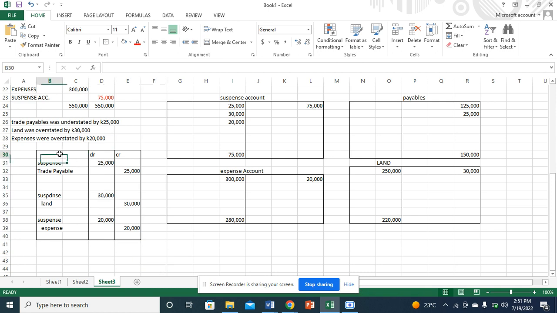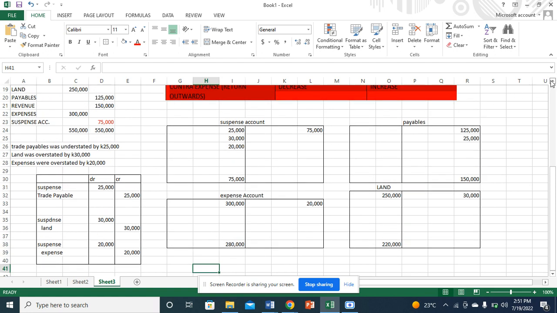Any questions? What's the difference between that account where you were just highlighting that has the debit and the credit, and the other single suspense account on top? What's the difference between which one?